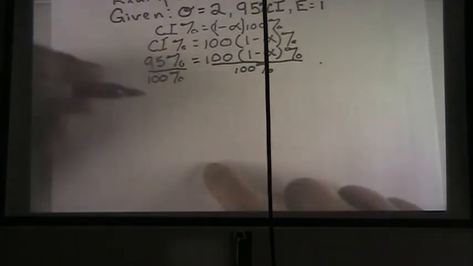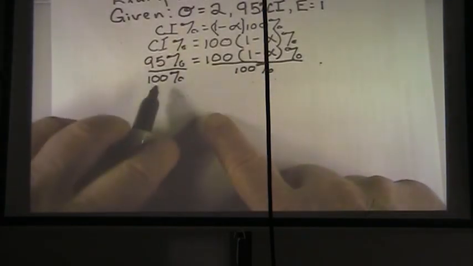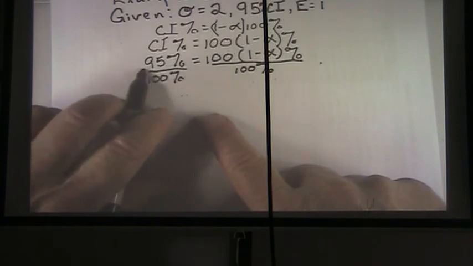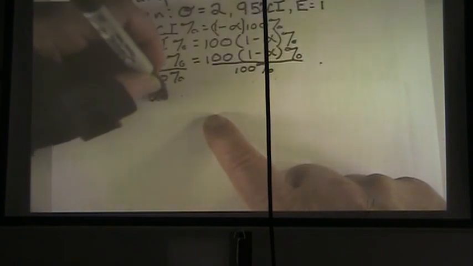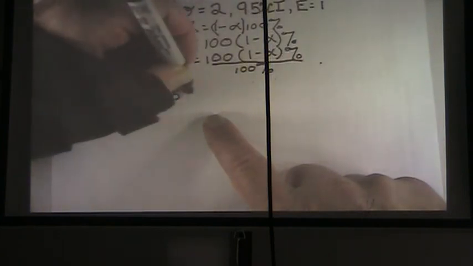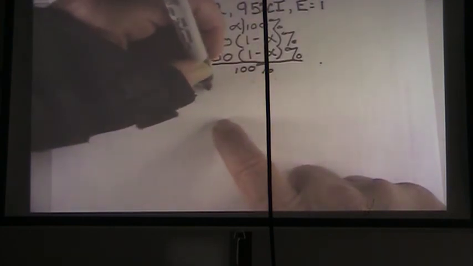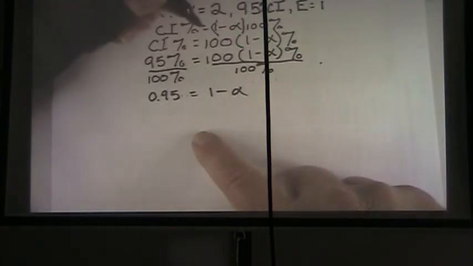All right. Doing this is going to move my decimal place over 2 places, so that becomes 0.95 equals 1 minus alpha.